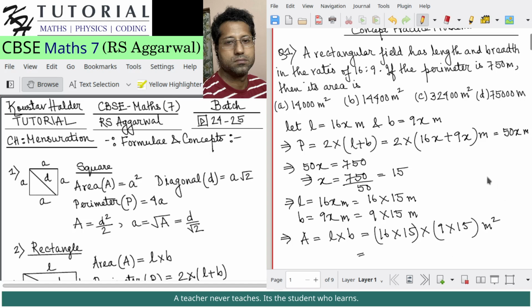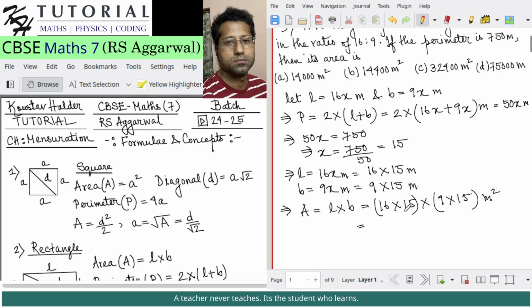Anyway, I think we have to do the calculation. 16 multiplied by 9 is 144, and 15 multiplied by 15 is 225.